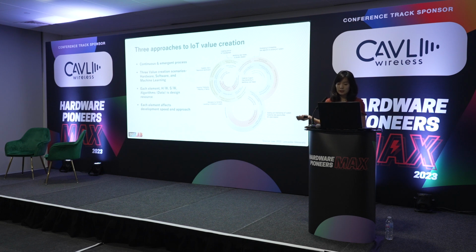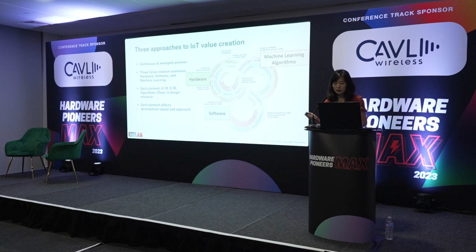The process starts from the top left circle, which is hardware-centered. Then once the system is deployed, it moves to either software-centered development at the bottom or machine learning algorithm-centered development on the right, or back to hardware-centered development. And this is distinctive to existing processes as it's continuous and emergent.